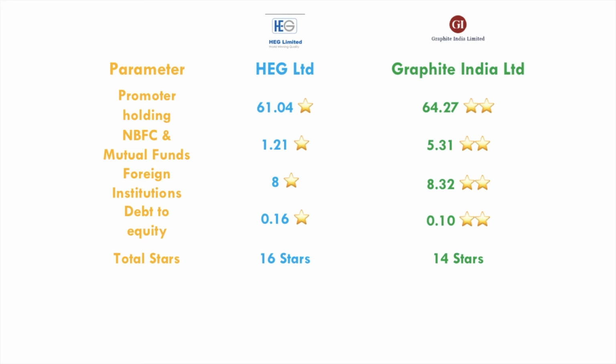So wait and see the result, because there is a lot of news going on about these stocks, and the stock prices are going down a lot. Wait till the results come out, and then you can take a call whether to buy or not after seeing the numbers in the result.